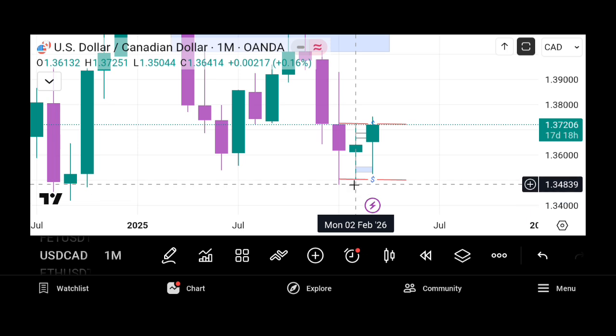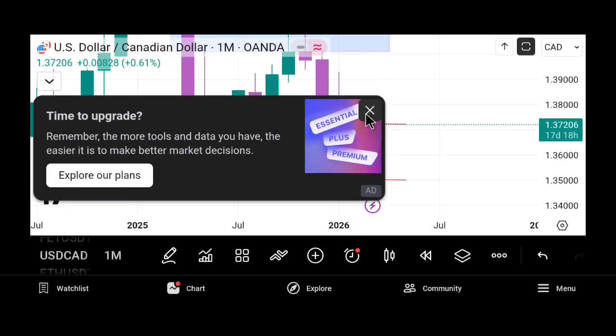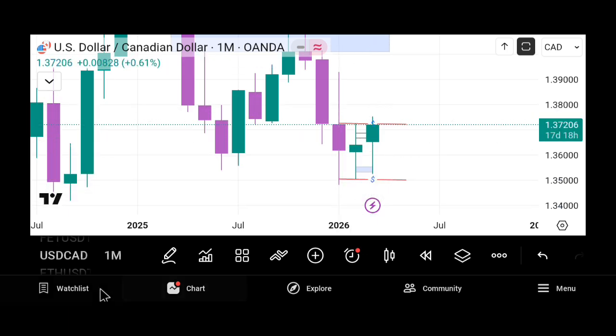But I think on the daily time frame, there was a favorable gap sitting there, which I talked about at that time. USDCAD may buy from there.